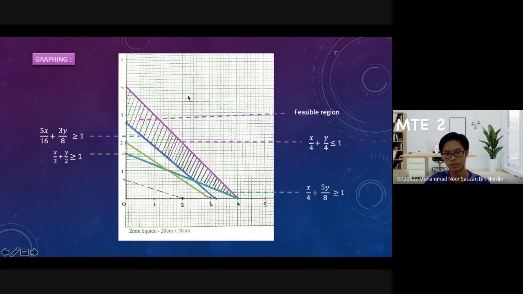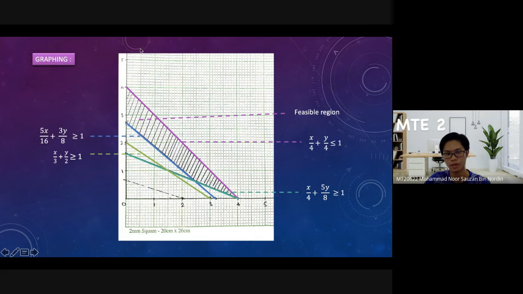It is the same with the lime colored line, and the same with the blue colored one. But for the equation for the weight, it is negative because it is less or equal to 1, so we will shade the region going to the left or down of the line.